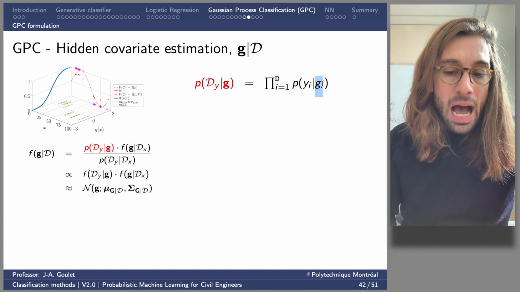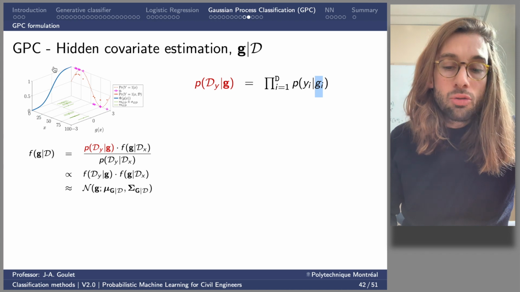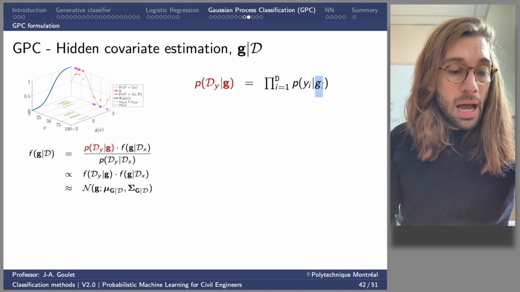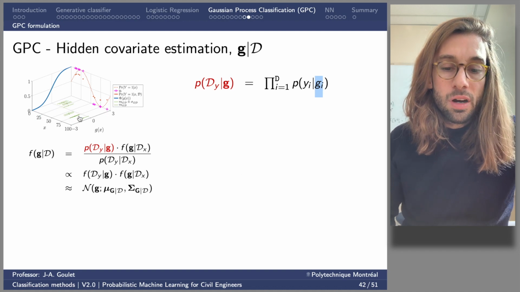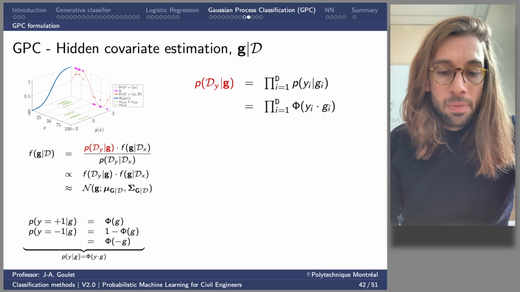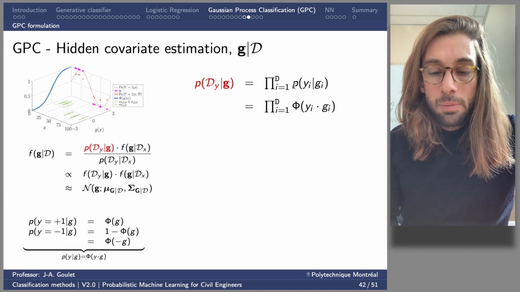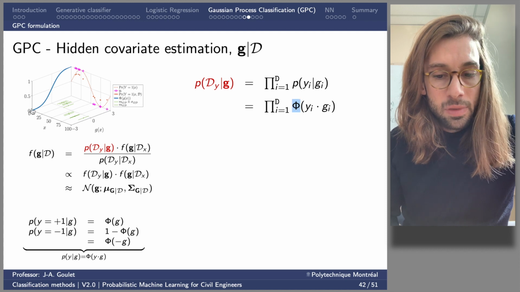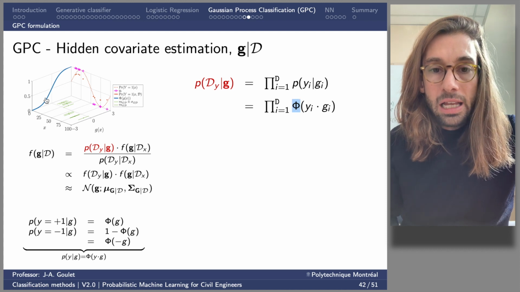So my yi's are my pink crosses that you can see here. My gi are my values here for my latent inferred variable. Okay, and this conditional probability can be represented by the CDF, because this is that CDF I have here, of yi times gi.